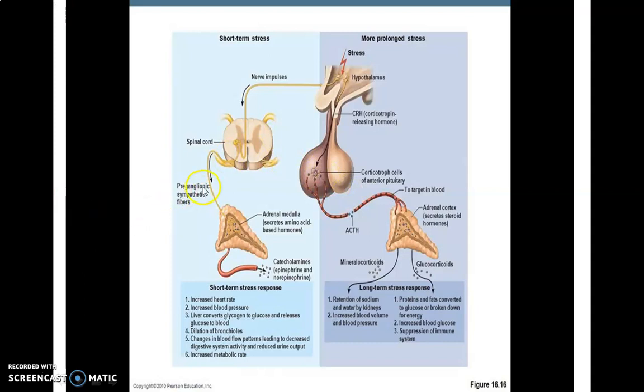These are the preganglionic sympathetic fibers, pierce cortex and form synaptic connections with the chromaffin cells of the medulla. But the activity of the adrenal cortex is mostly controlled by the anterior pituitary or the adenohypophysis by adrenocorticotropic hormone: medulla by the sympathetic and cortex by the ACTH hormone.